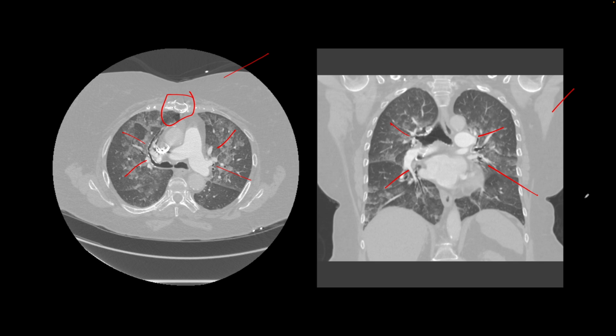And so these findings suggest pulmonary edema, or the most common cause of this finding would be pulmonary edema, and that's what this patient had. When the pulmonary edema gets worse, these patients would develop bilateral pleural effusions.